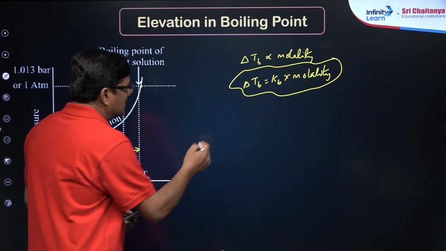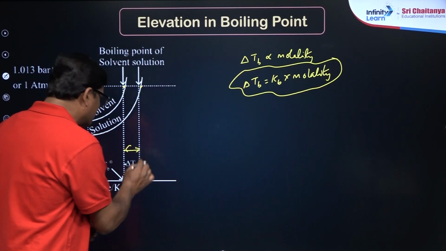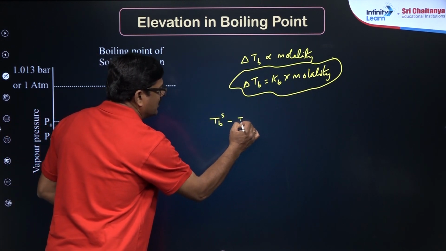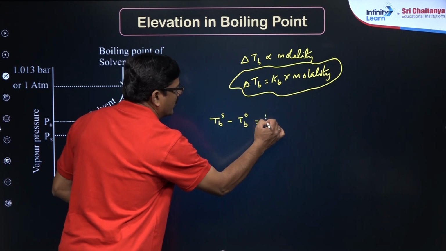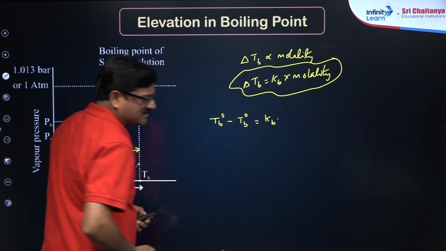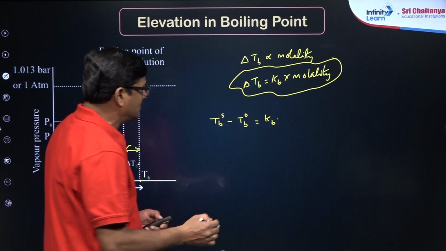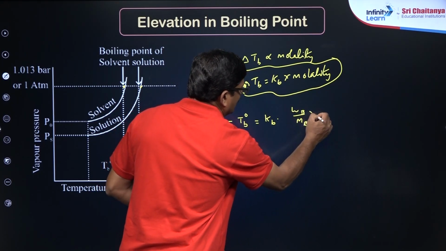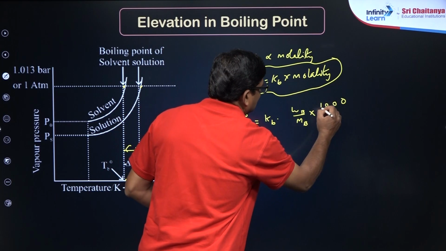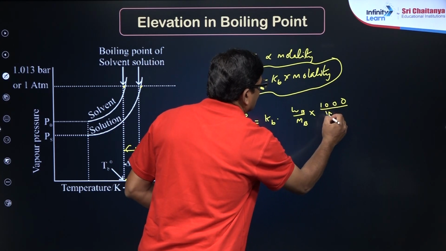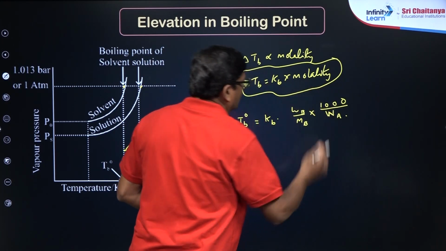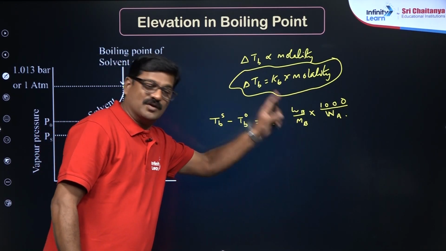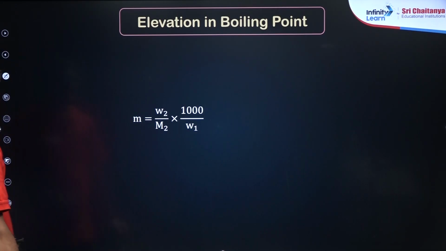Delta Tb is the difference between these two, so Tbs minus Tb naught is equal to Kb, that is the ebullioscopic constant or molal elevation constant, into Wb upon Mb into 1000 upon Wa in grams. So from there you can calculate the molecular mass of the solute.